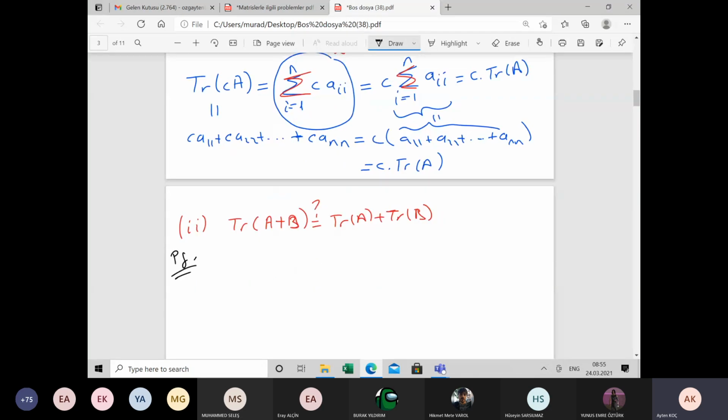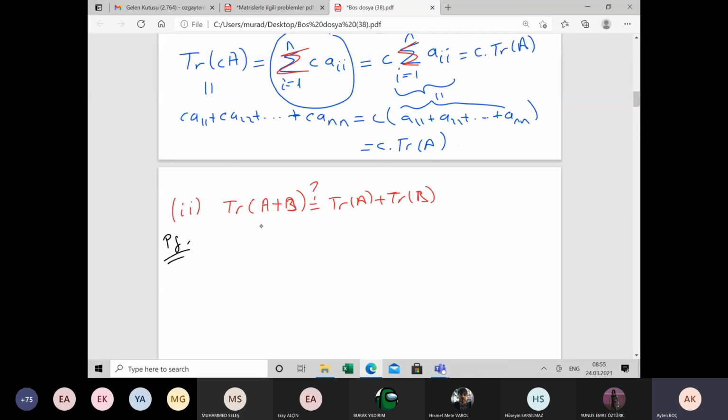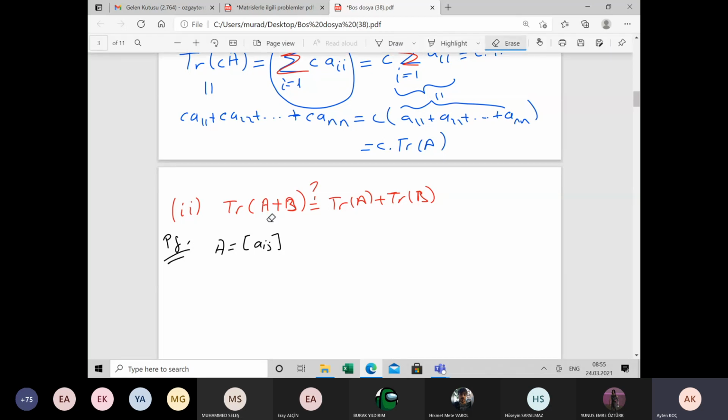Let's prove it. A is of course n by n, because then the sum is defined, not undefined, and we can also mention the trace, meaning the resulting matrix should be square.